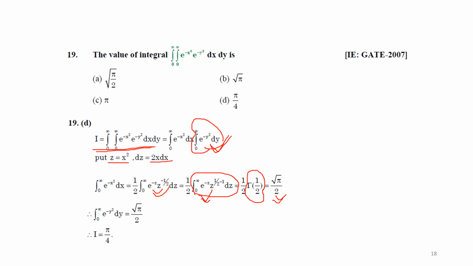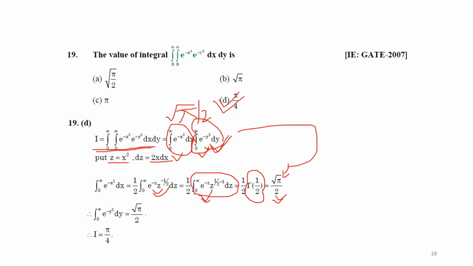So this term, integral from 0 to infinity of e to the power minus y squared dy, is root pi by 2. If you change the limit from y to x, again you will get root pi by 2. So you have two root pi by 2, one for this integration, another for that integration. So you have root pi by 2 into root pi by 2. If you multiply that, you will get pi by 4. So the answer is D.